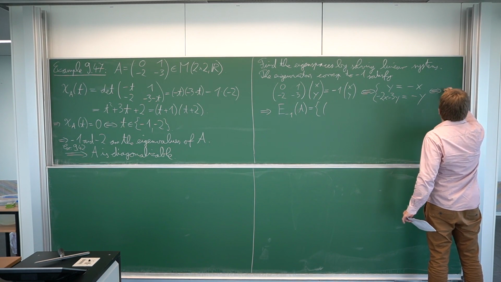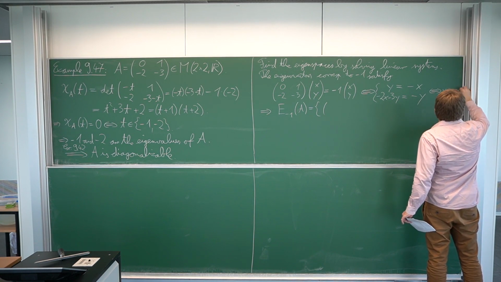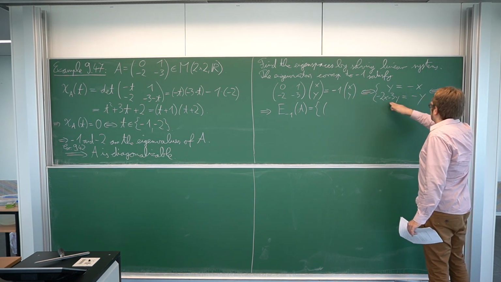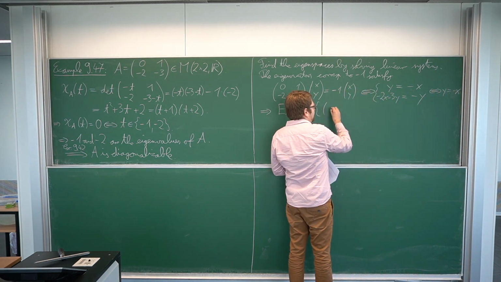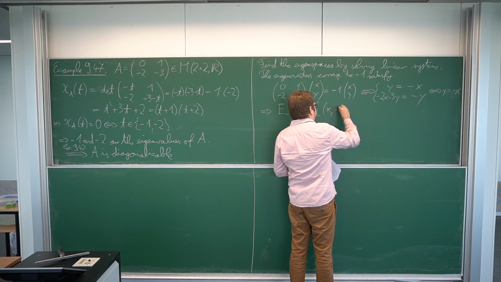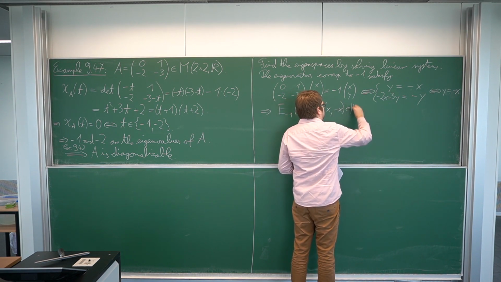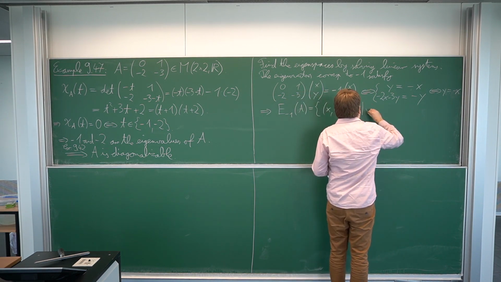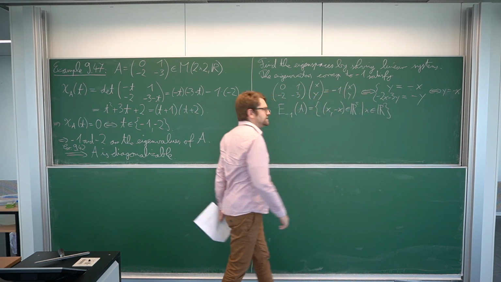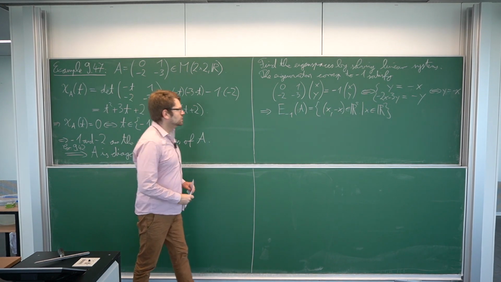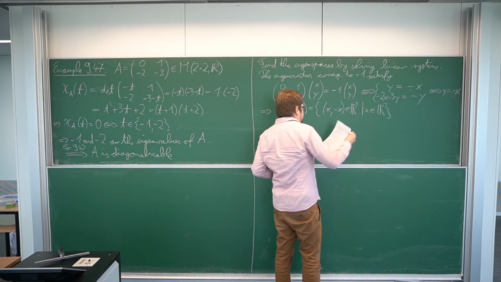Or the other way around, y is equal to -x. It already stands here, and if you insert this there, you get the same. This is the set of all solutions. So all we get is x comma minus x in R2 over all x in R. Very easy to see that this is the linear subspace of R2, and so this is the eigenspace here.